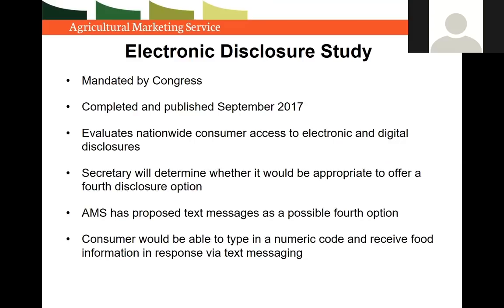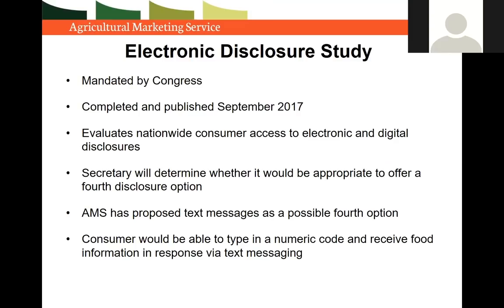The study considered 5 factors: the availability of wireless internet or cellular networks, the availability of landline telephones in stores, challenges facing small and rural retailers, the efforts that retailers and other entities have taken to address potential technology and infrastructure challenges, and the costs and benefits of installing in retail stores electronic or digital link scanners or other evolving technology that provides bioengineered disclosure information.